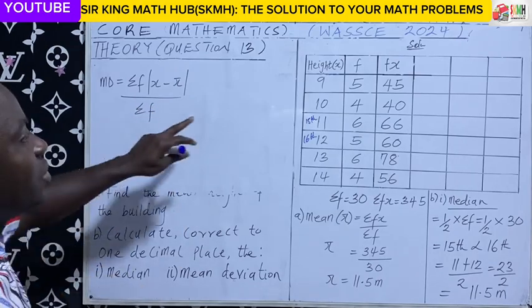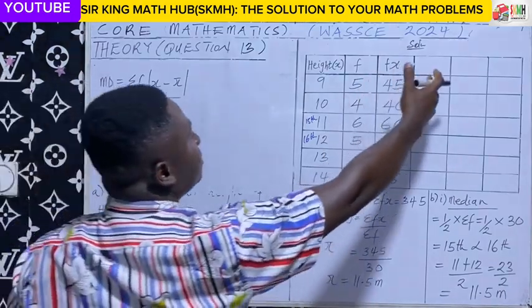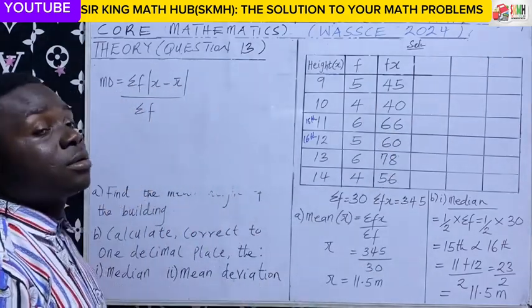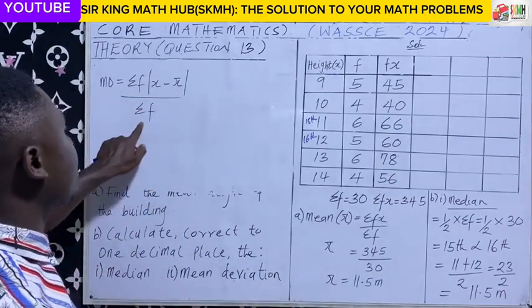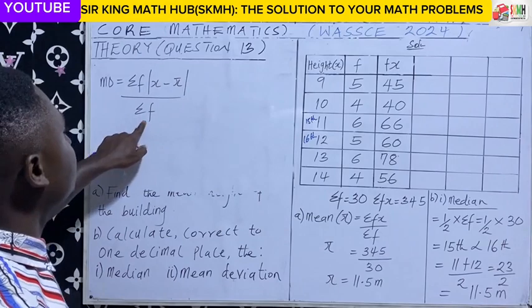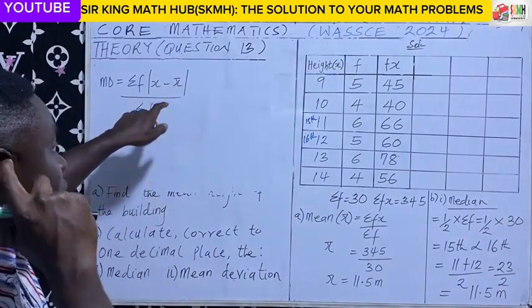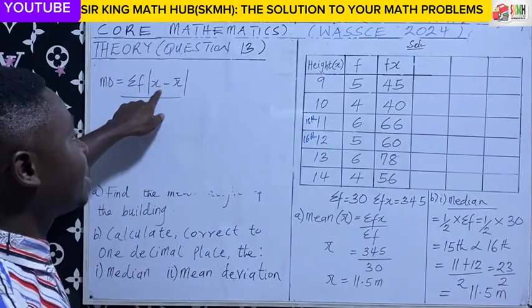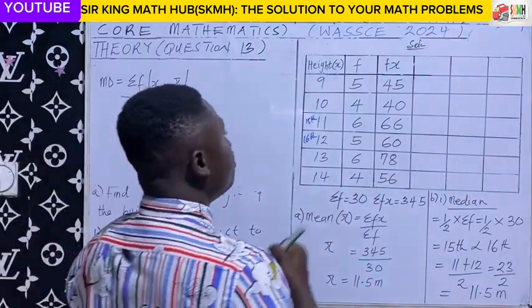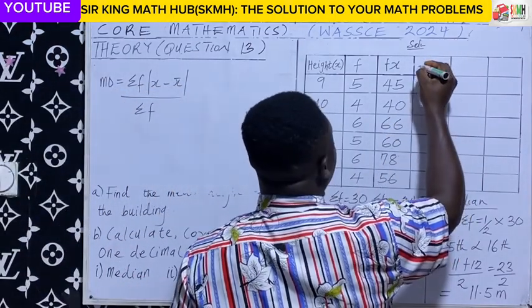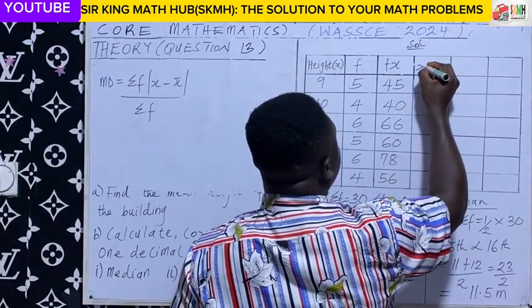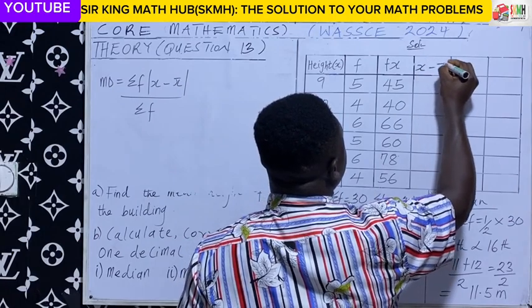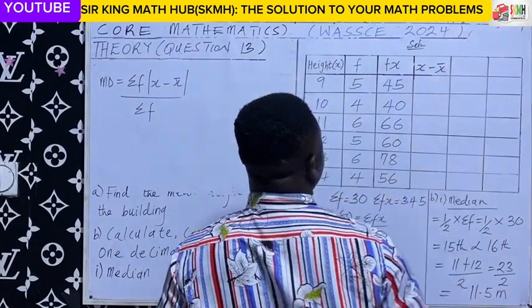So this formula should guide us to complete the remaining columns. So we have our summation f. Now let's start with what is inside the absolute sign. We have x minus the mean. So we need to create a column for x minus mean.